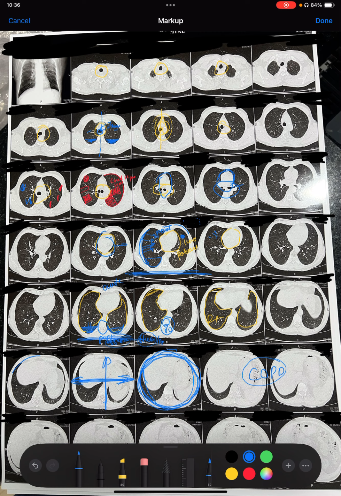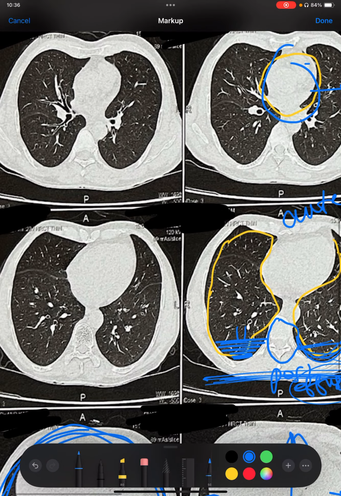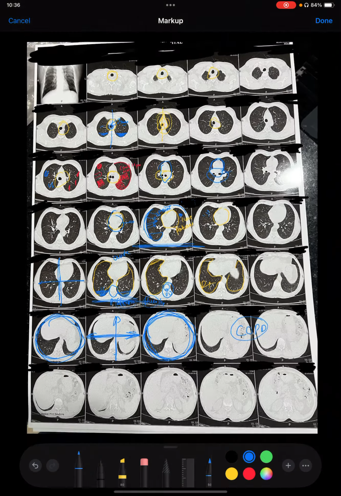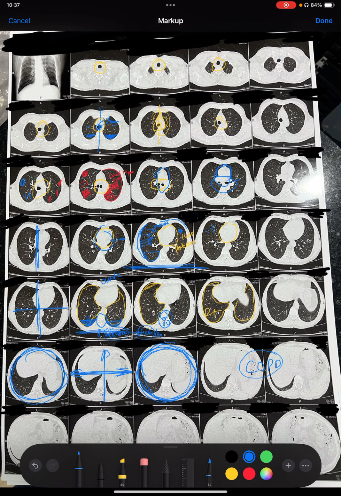So in here also we can see this is completely circular. We say it is barrel-shaped when the anteroposterior diameter is as equal as the transverse diameter, which is the scenario in this HRCT. So this is a barrel-shaped chest, very typical of COPD.